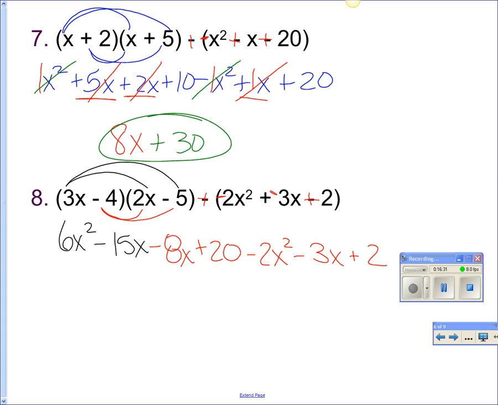Okay, Haley, what goes with 6x squared? What does that give me, Haley? Good job. She did her chart, guys. That's what she was doing on her paper, doing her chart. Ethan H., what else goes with negative 15x?